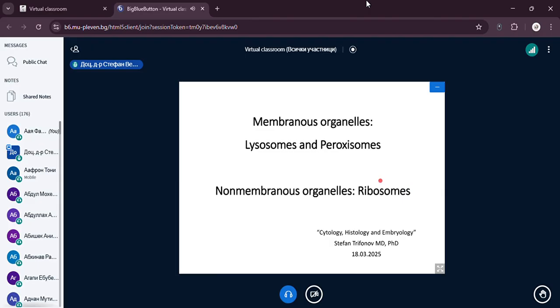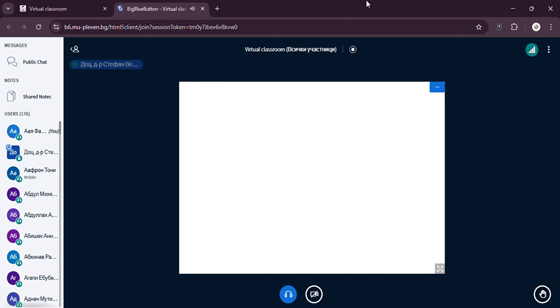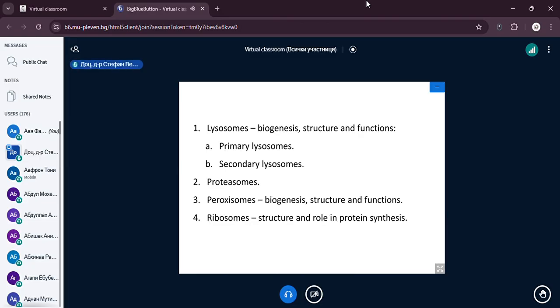We'll discuss in detail these very important non-membranous organelles, the ribosomes, which exist not only in eukaryotic cells, they are also organelles present in prokaryotic cells. So that's the schedule for the lecture. We'll see the basic structural and functional features of these organelles.